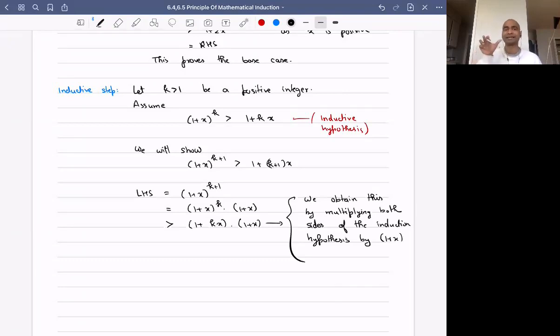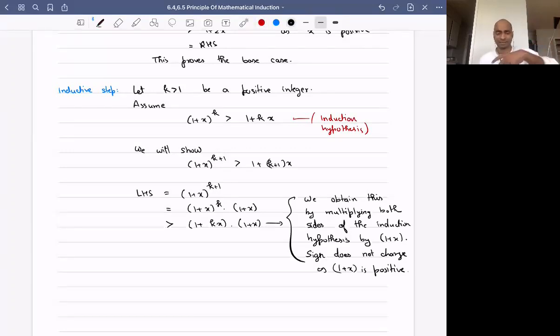The induction hypothesis is an inequality, and you can only multiply an inequality by a number without changing the sign if that is positive. So I need to argue further that the sign does not change as 1 plus x is positive. Okay, if 1 plus x were negative, and if I multiply the induction hypothesis with 1 plus x, then I would flip the sign. So that's the argument for replacing 1 plus x to the k by 1 plus kx.